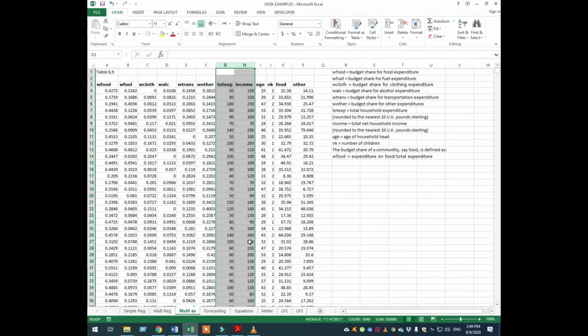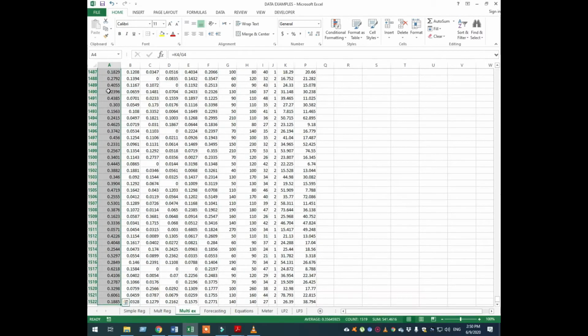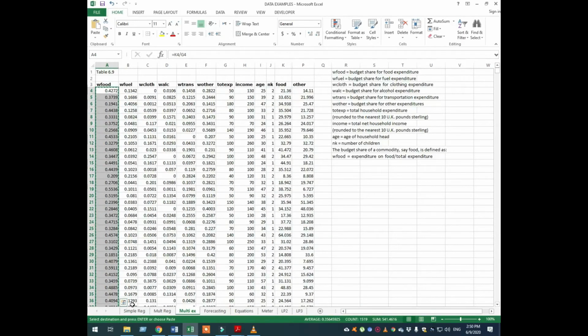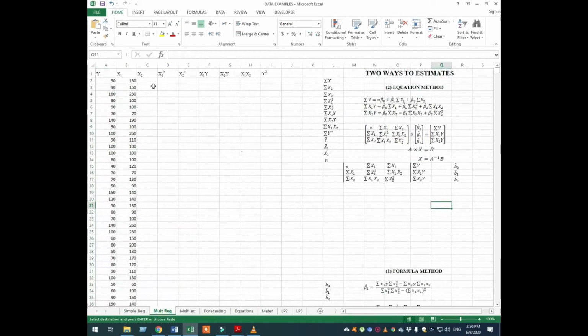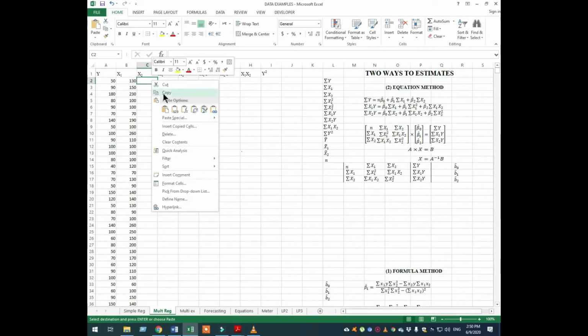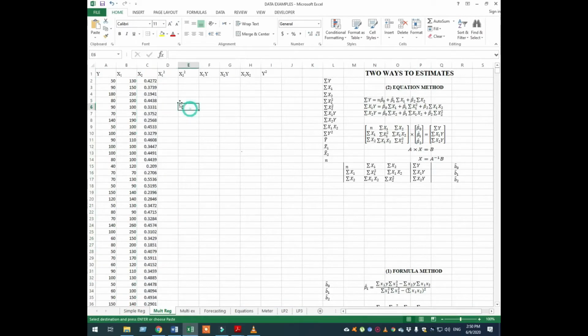If you remember, I have taken the dependent variable as total expenditure and the independent variable as income. Now I'm taking another independent factor, that is food expenditure. I will just copy it from this sheet and take it to the multiple regression with the second variable.